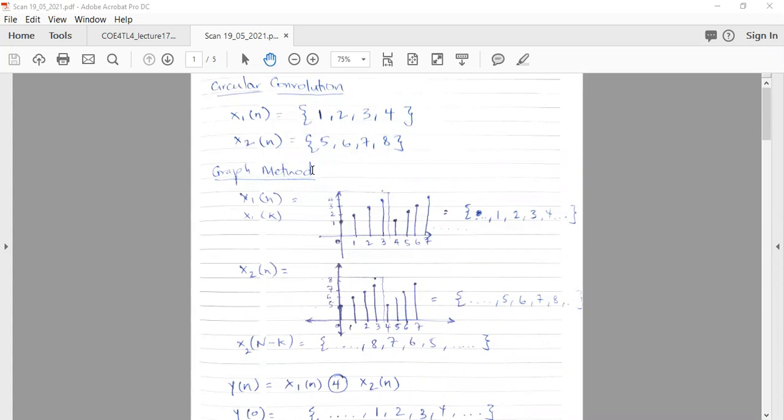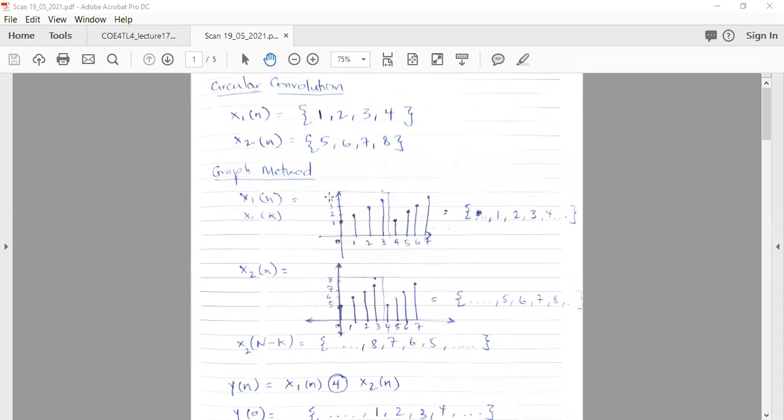I selected these because they are the most basic sequences you can come up with. I've kept it as basic as possible, and you can apply this method to any length of series, any discrete series you are given.